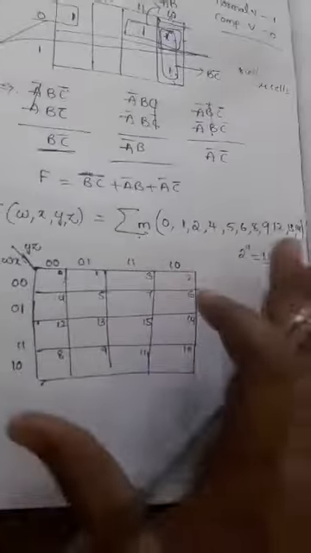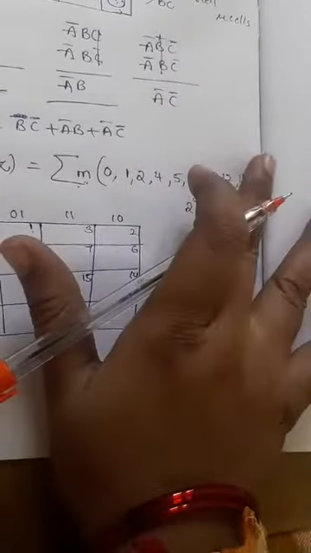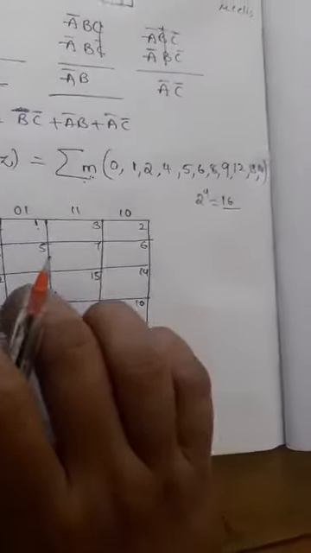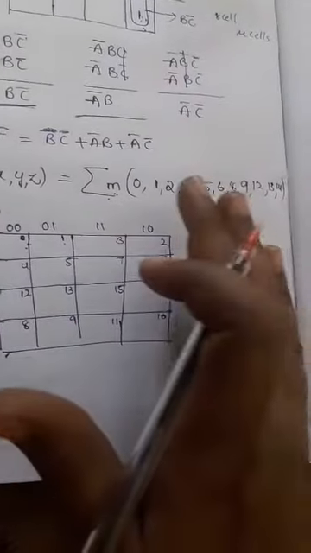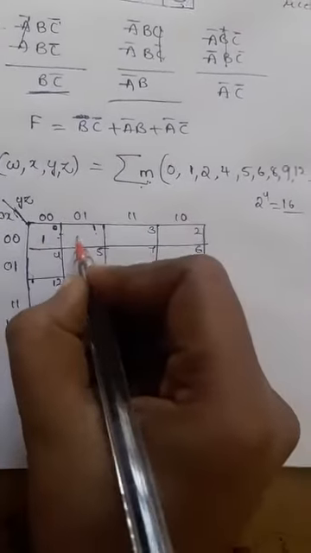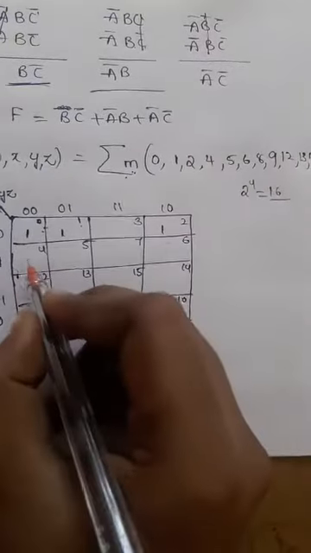Now we have the minterms placed. Where we indicate 1, we directly have the information: 0, 1, 2, 4, 5, 6. These cells will be highlighted in SOP, that means in these cells we place the 1. So 0 has 1, 1 also has 1, and next 2, then 4.